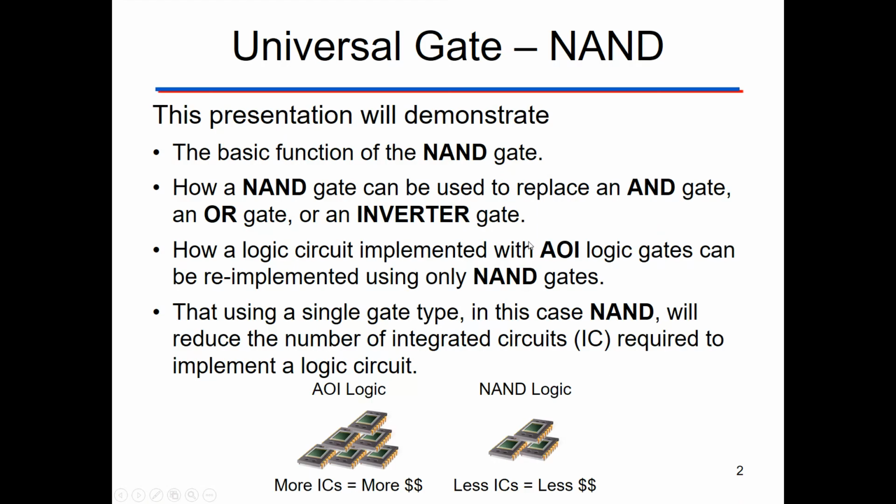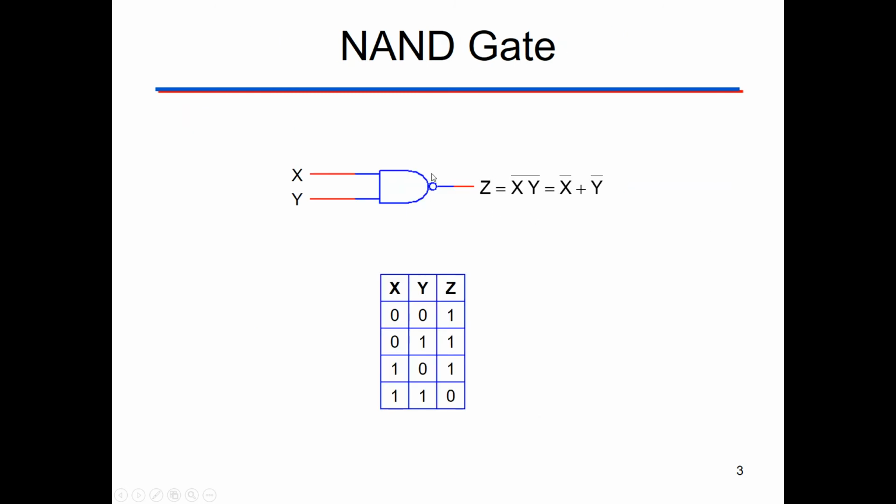Okay, so a NAND gate or a NOR gate can be used as universal gates to replace all AOI gates. So it takes a combination of gates to replace an inverter.